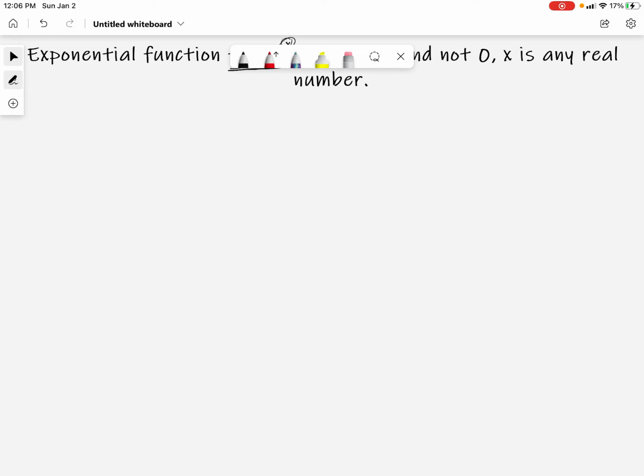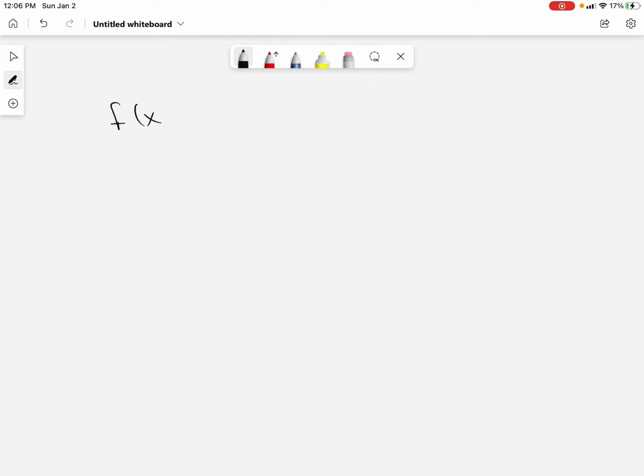It is the function f of x equals e to the x, where e is an irrational number. Well, it's approximately 2.71828, and it keeps going.